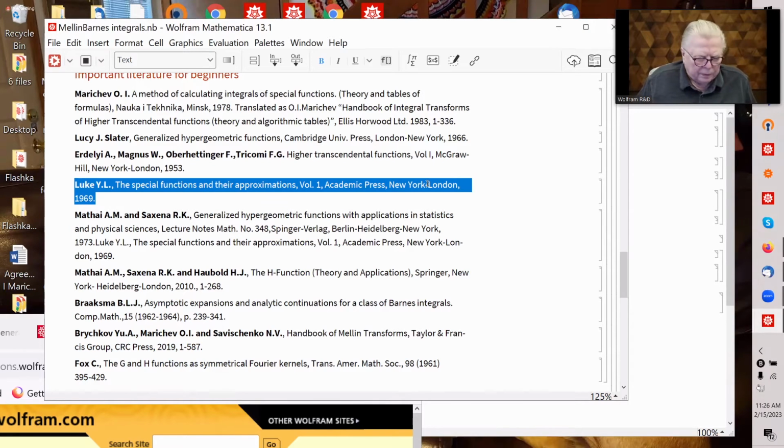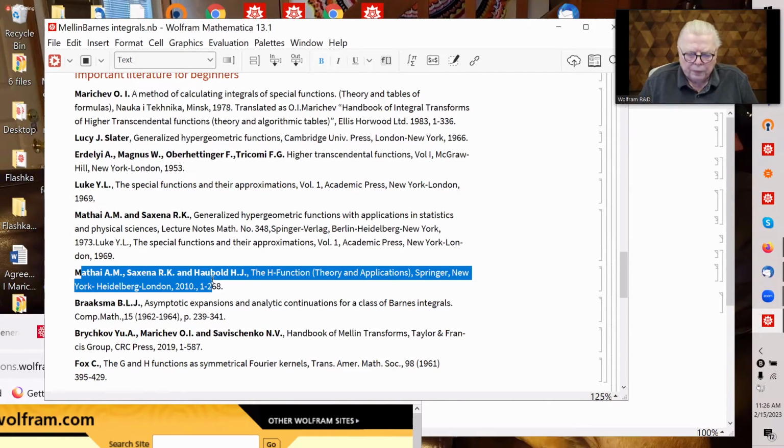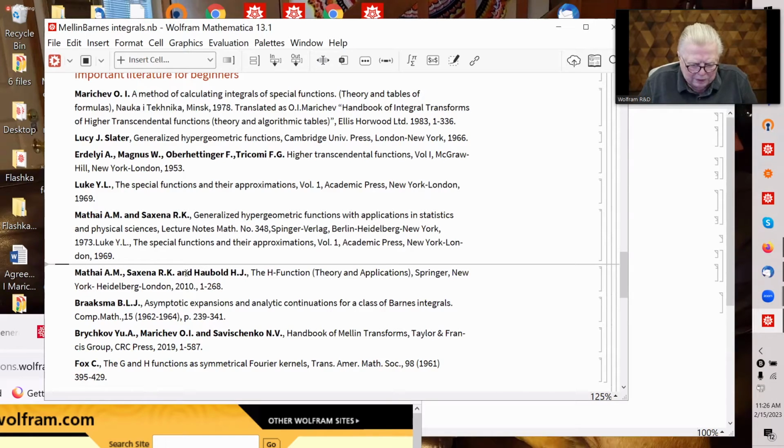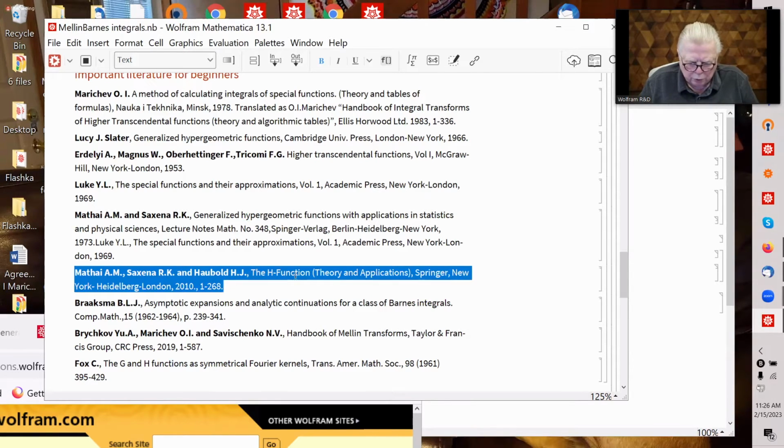And later on, I worked with the books of Mathai, Saxena, and then this book, which was written by a younger colleague of these developers. I did not meet with them, but I contacted by email Professor Haubold, who works in Austria.